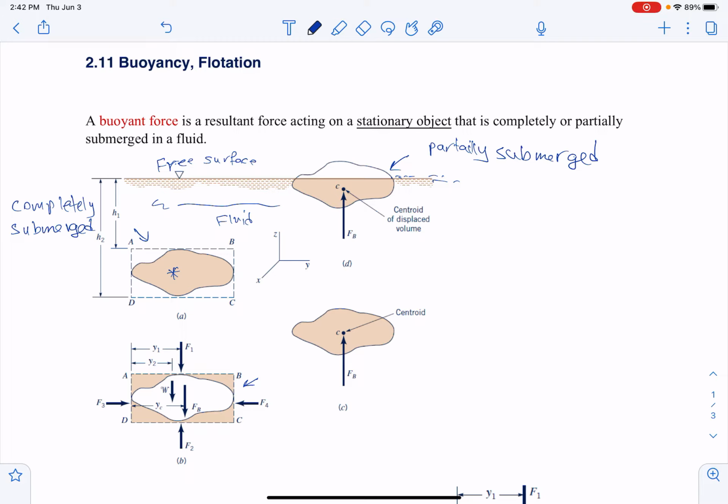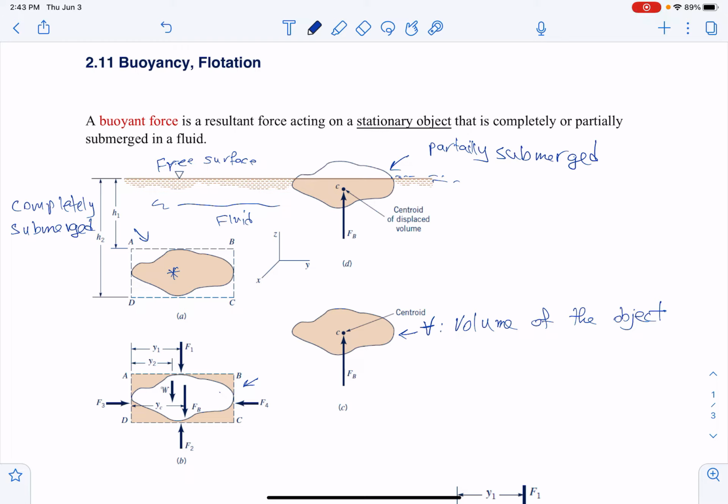I'm going to write everything here so we have more space there. So this is the volume of our object, right here.